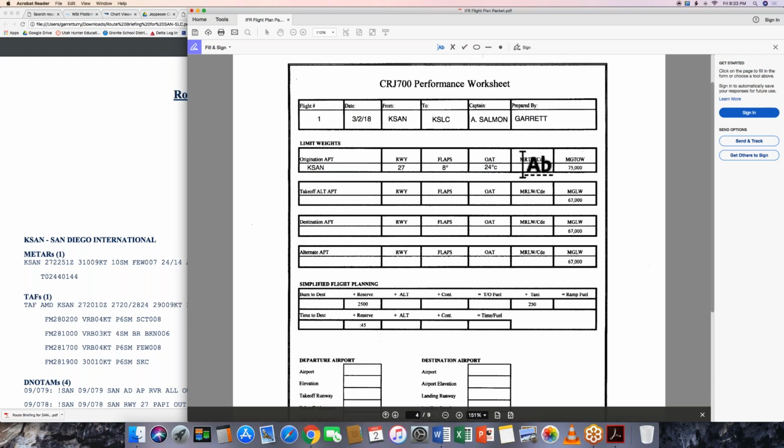For this, we're not going to figure that out for this one. Okay, 75,000 pounds. What does MRTW stand for? Maximum runway takeoff weight. So this is where the runway would limit our takeoff weight.